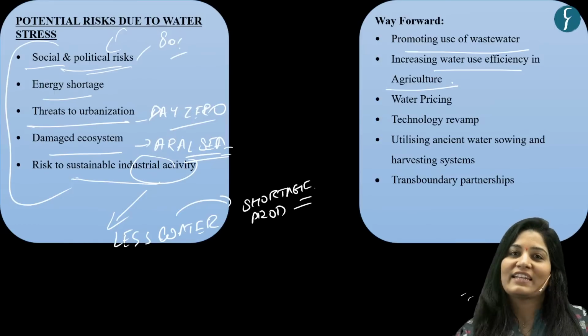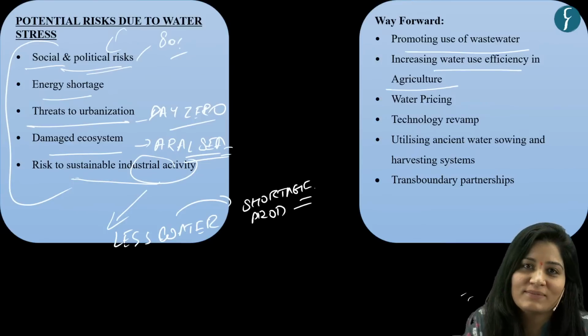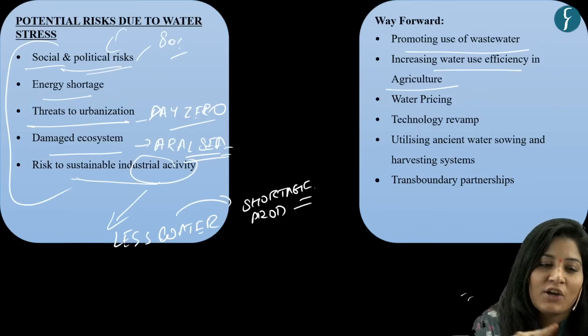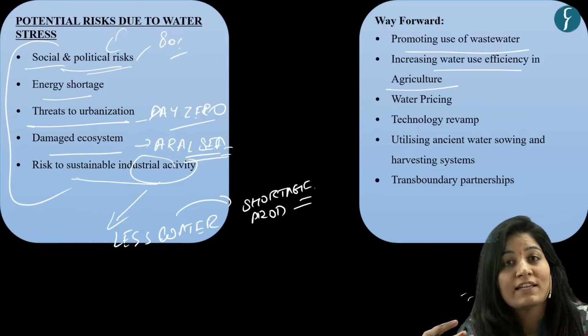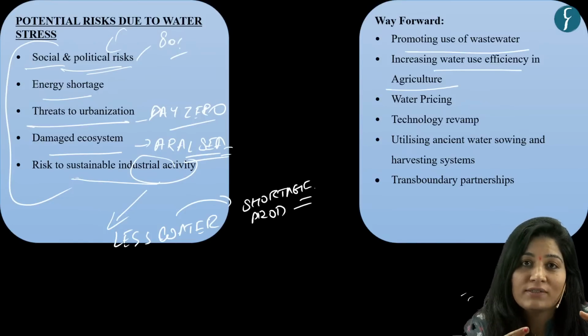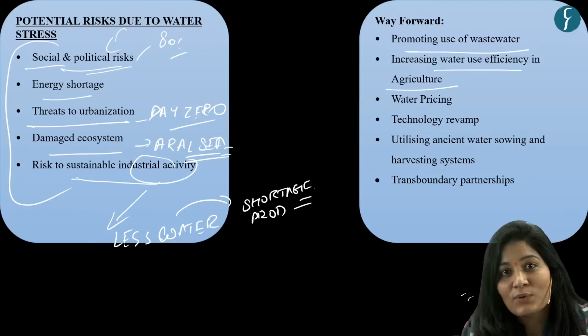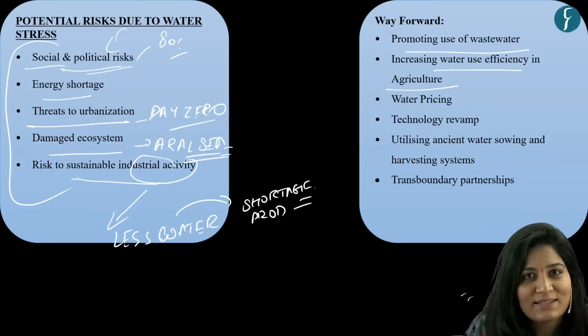Just now, 80% is coming from groundwater, so crop diversification is much needed. We should divert water-guzzling crops to areas which are full of water rather than water-scarce states. And in this regard, the government is taking a lot of initiatives to promote millets.